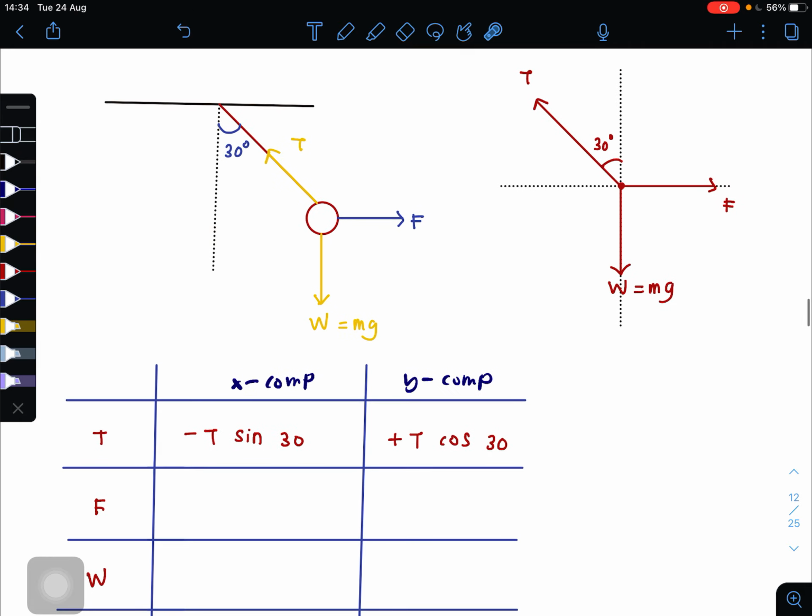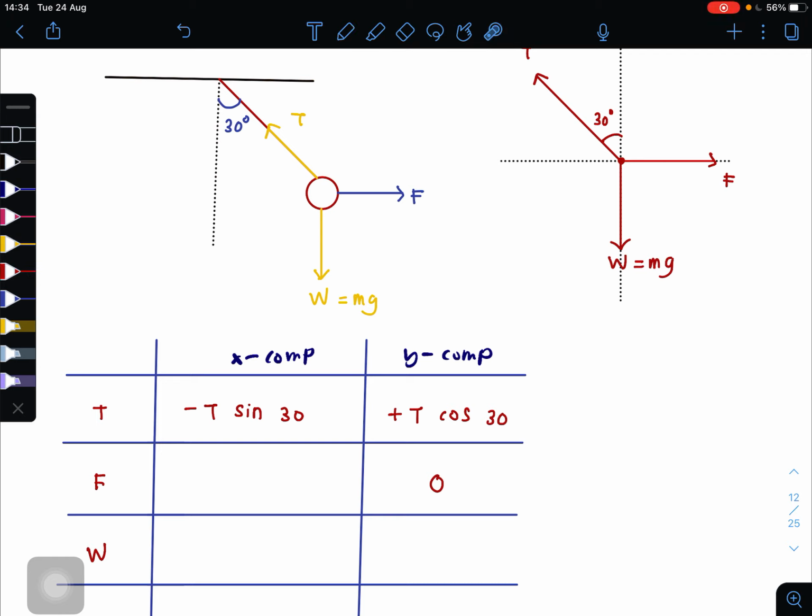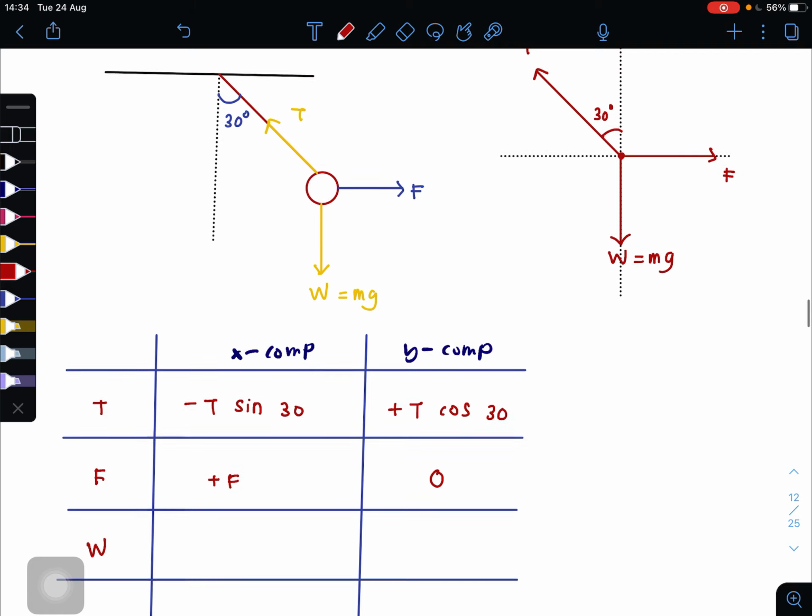Okay, so F. Now F is exactly on the horizontal X axis. So it means only on the X axis do we have a value, the Y axis has no value. And now it goes to the right, so just positive F. We don't know the value, let's just put F first.